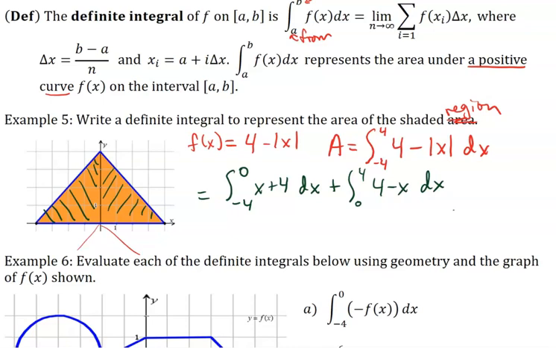Or we could pick one side, do the area of that, and then double it, because it's a triangle. So we could say 2 times the integral from 0 to 4 of 4 minus x dx. Either way, all three of these give us the area of that orange region.